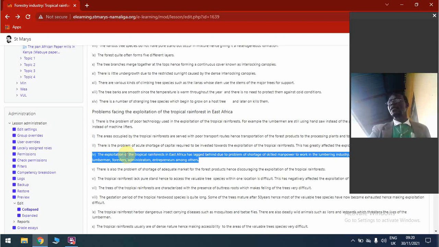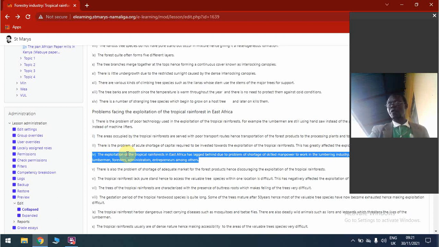Besides, we have a problem of shortage of skilled manpower. We have manpower, yes, because the region is training students every time to acquire skills. But the skills, first of all, that we give to these students are not appropriate for the exploitation of the tropical rainforest. And that's why probably in Uganda today, the government is changing the curriculum to produce manpower.